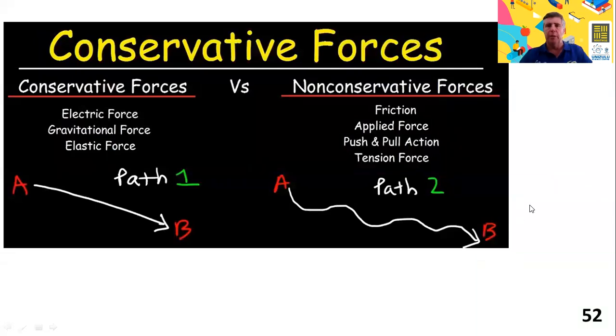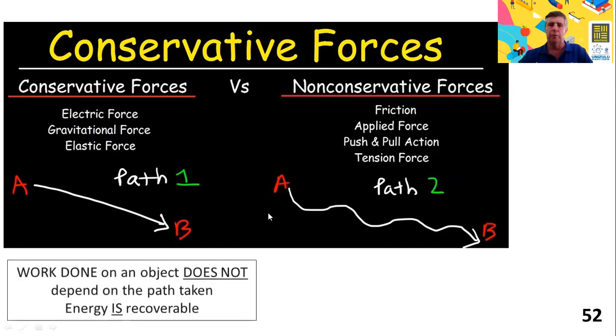Now, something that can be confusing is to consider conservative and non-conservative forces. Perhaps the best way to think about them is in terms of examples. Conservative forces, the most common one you'll come across is the gravitational force, also electrostatic forces. Non-conservative forces are typically friction and the applied force, the tension force.